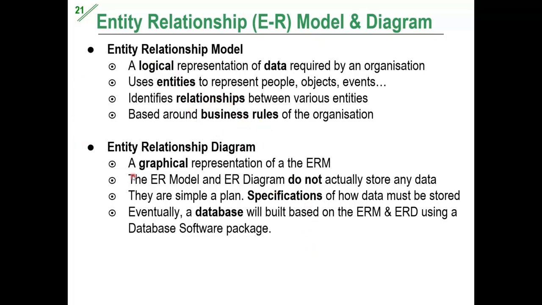We build the entity model, or data model, by using a diagram called the entity relationship diagram. It's a graphical representation of the entity relationship model. It is a kind of specification of how we are going to store, use and manage the data in a given context.